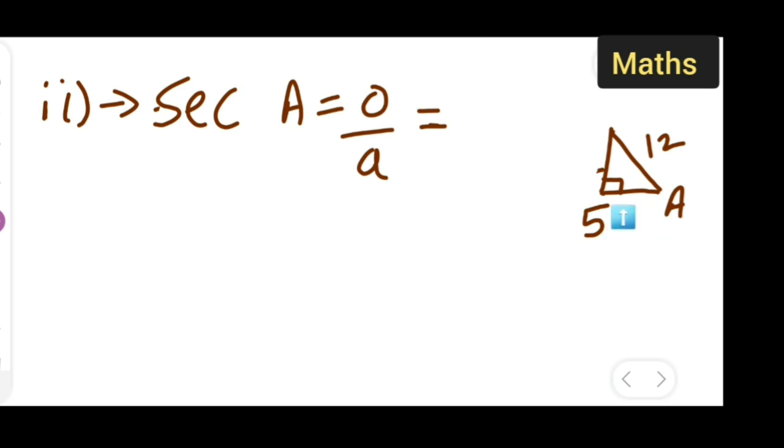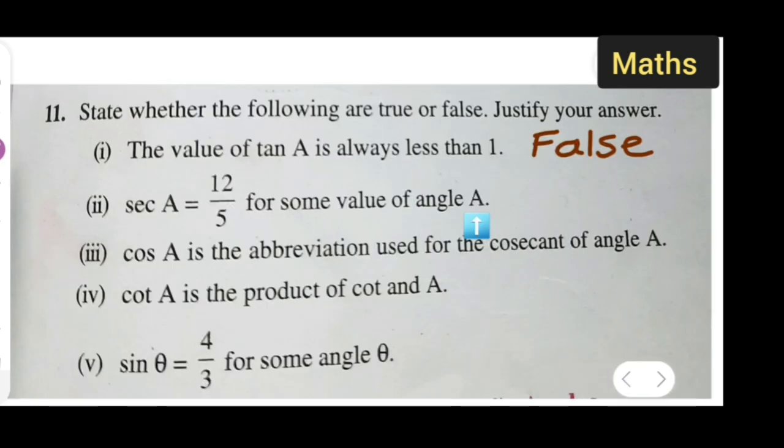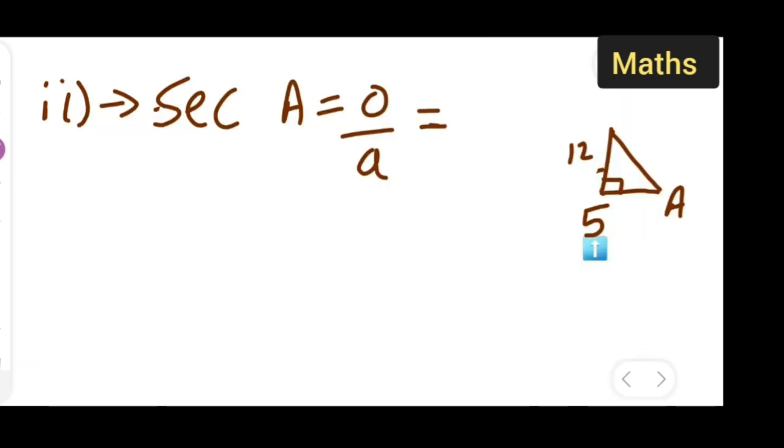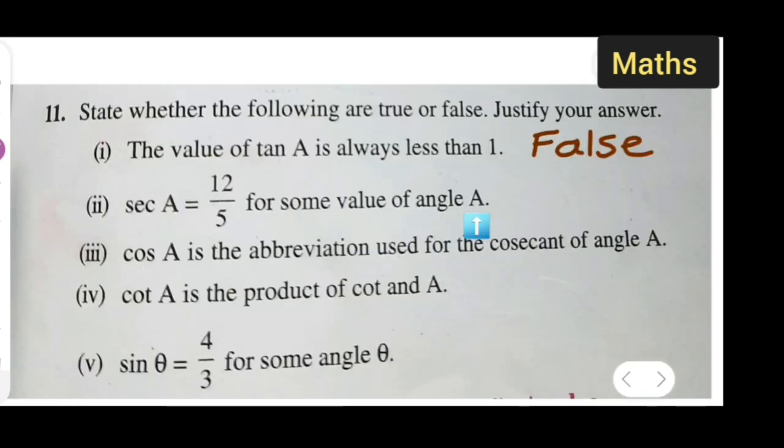So here the hypotenuse is 12 and the adjacent side is 5. Obviously the hypotenuse is greater, so this will be 12 upon 5. So this will be only for some angle A. So this will be true.